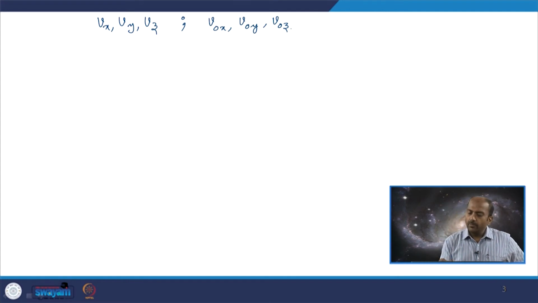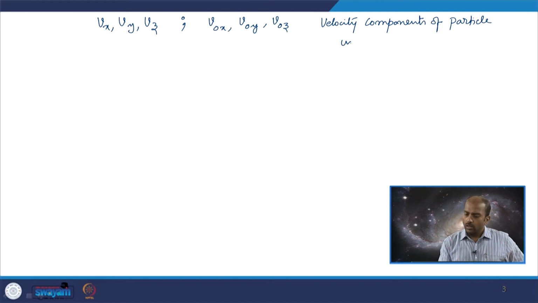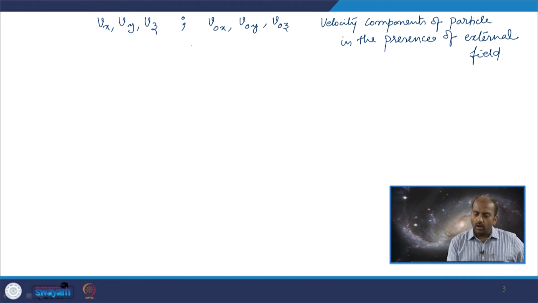These are the velocity components of the particle in the presence of an external field. So, we know these three components are out of this cross product V cross B.